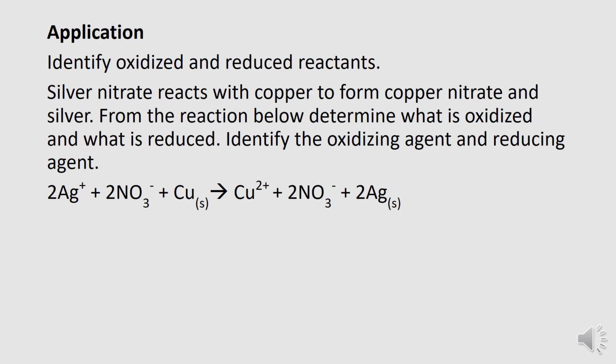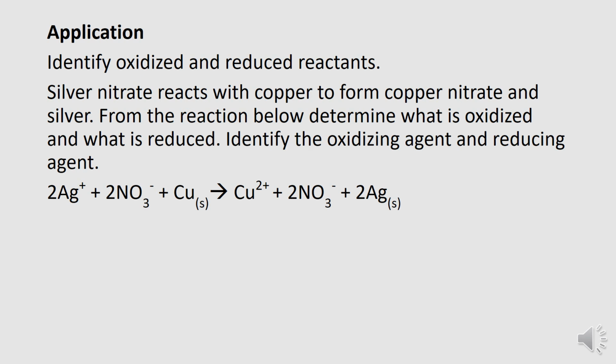From the reaction below, determine what is oxidized, what is reduced, and identify the oxidizing agent and reducing agent. So this is the equation: silver ion with nitrate ion, this is the solution, plus copper as a solid. We put them together, the product will be a solution of copper 2 nitrate with silver as solid.